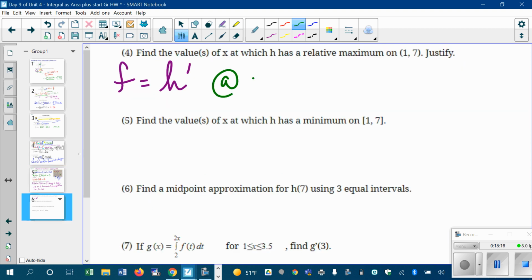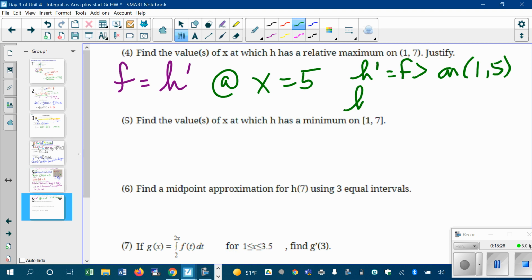So this would be at x equals 5, because h prime, which is f, is positive on the interval from 1 to 5, and f is negative on 5 to 7. And that kind of sign change indicates a maximum.